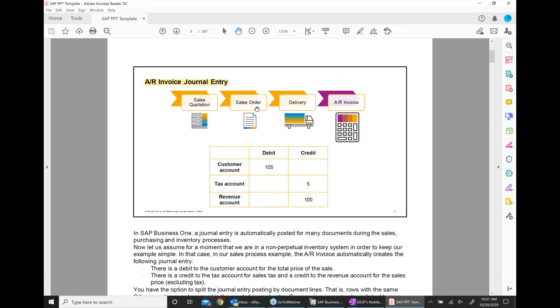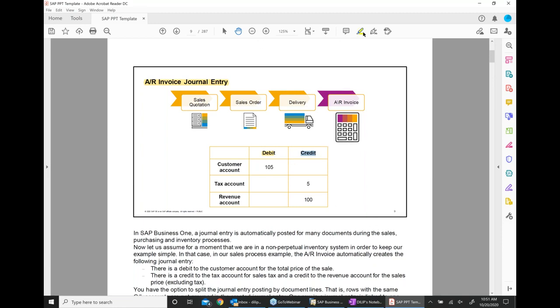Quotation, then sales order, then delivery, then invoice. Now, what does this basically mean? Look at here. It says, at the time of customer invoice, AR meaning accounts receivable invoice, we do journal entry. This is where the journal entry happens. Debit and credit.